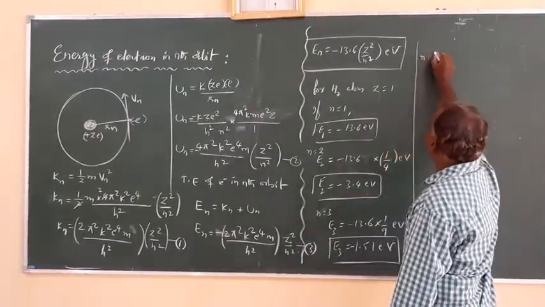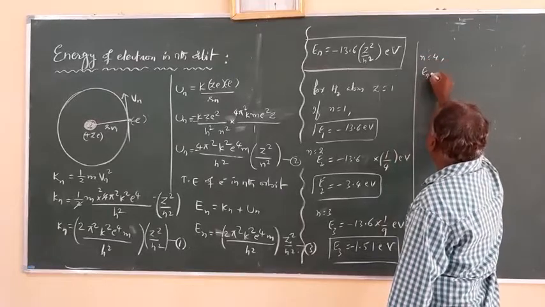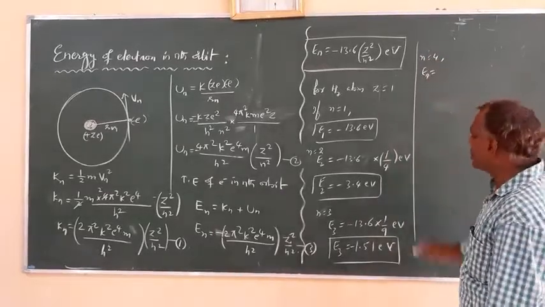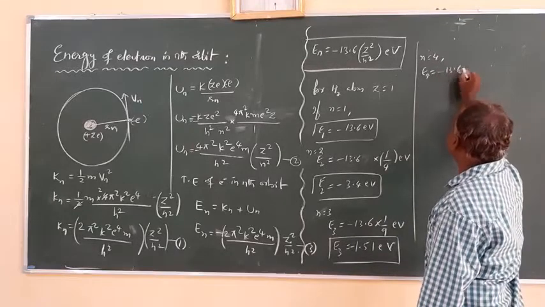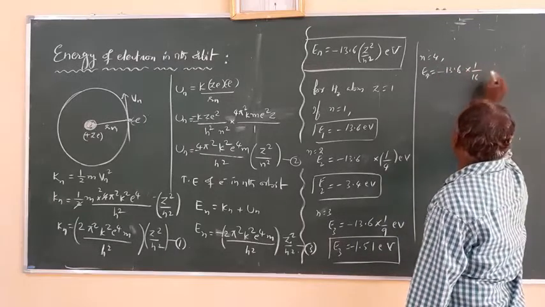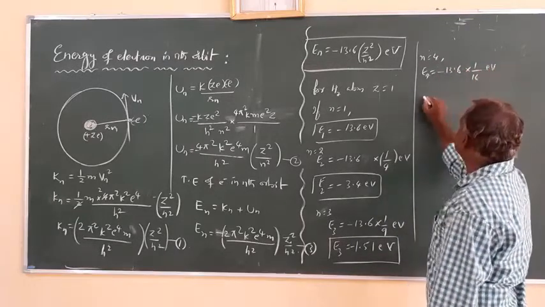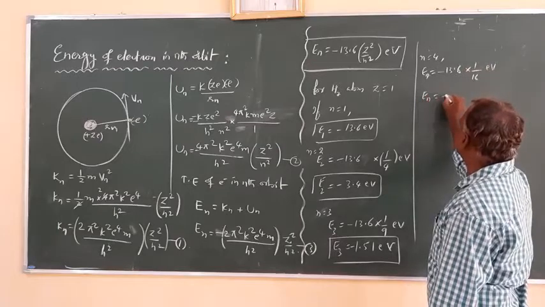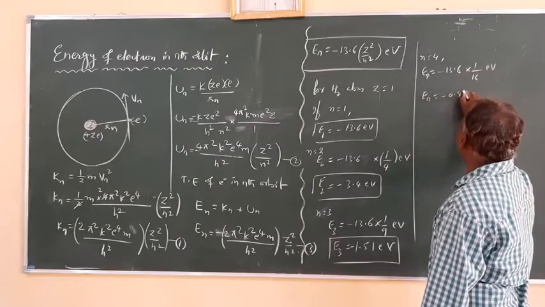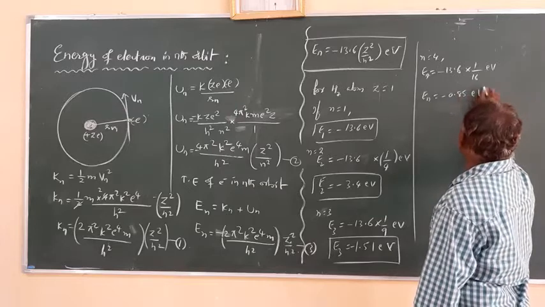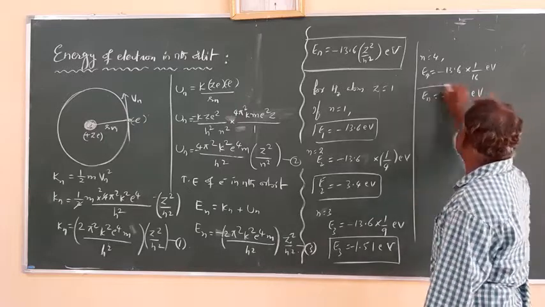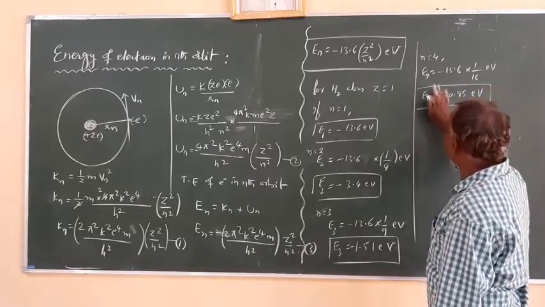So n is equal to 4, then E4 is minus 13.6 into 1 by 16 electron volts, which comes as E4 is equal to minus 0.85 electron volts.